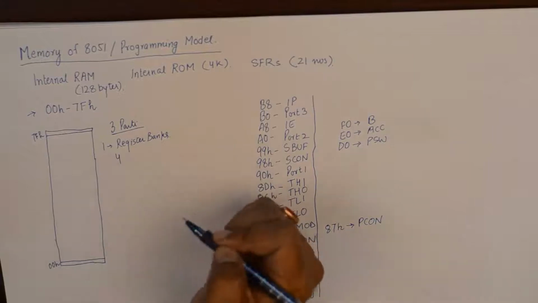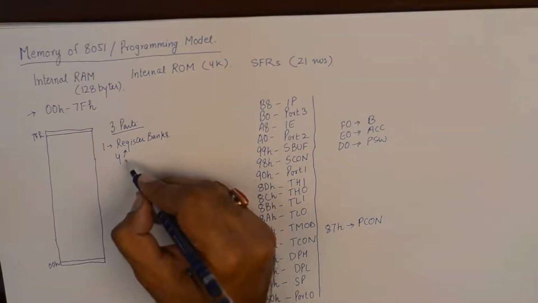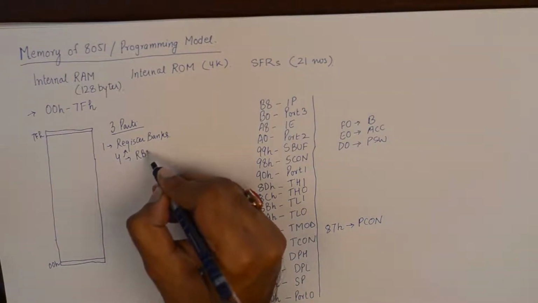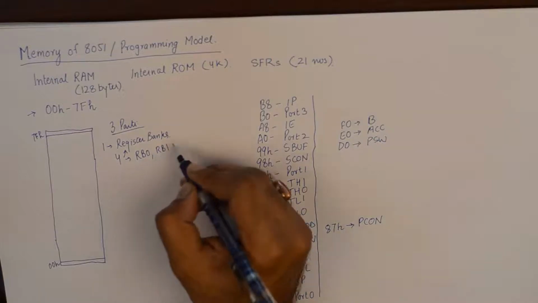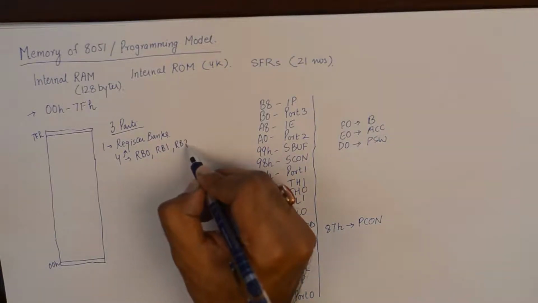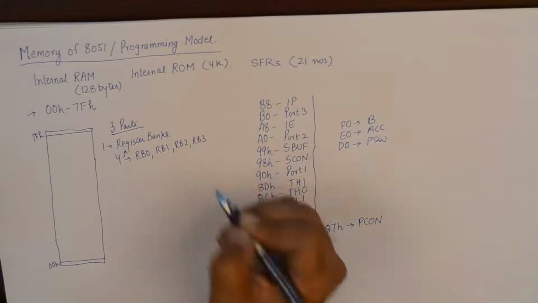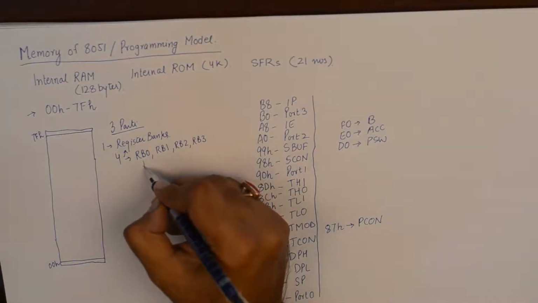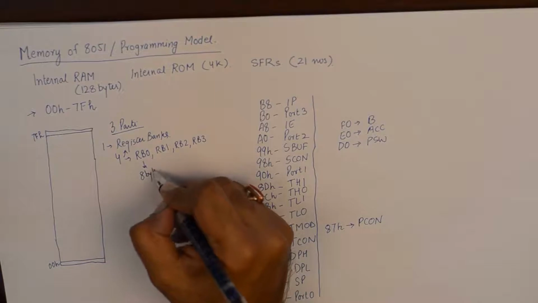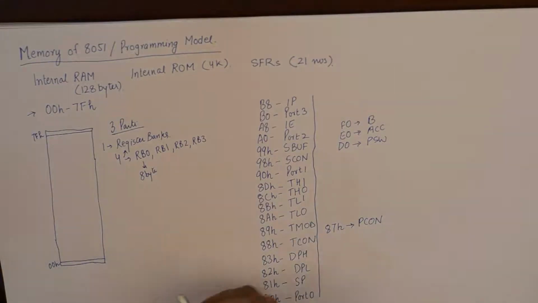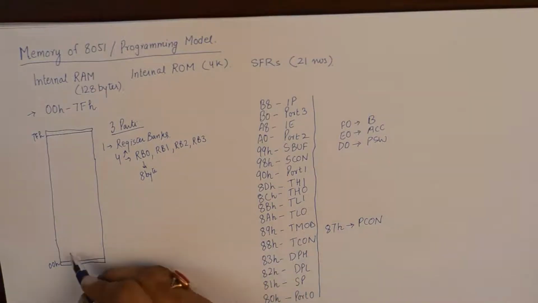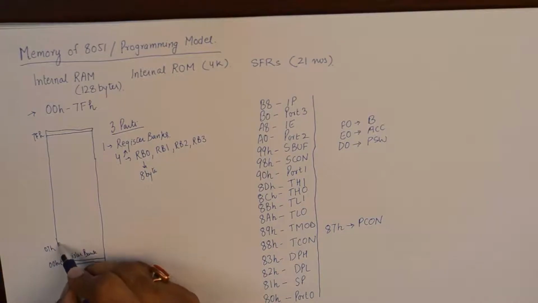There are 4 register banks, and the names are register bank 0, register bank 1, register bank 2, and register bank 3, and all of them are 8 bytes long. So it wouldn't be tough to comprehend that the first register bank would start from 00H and would go up to 07H.